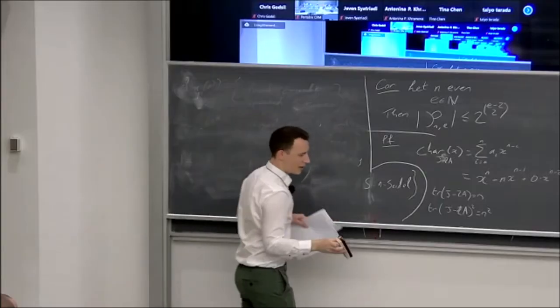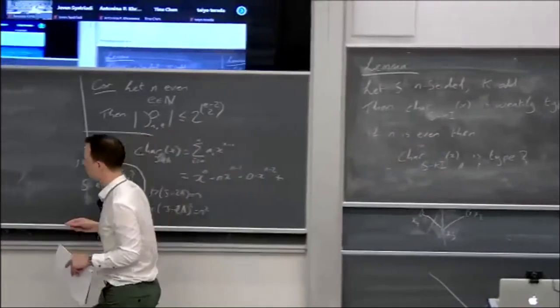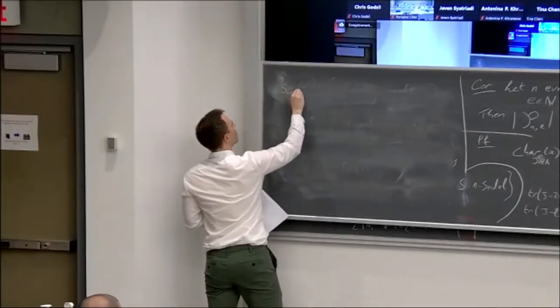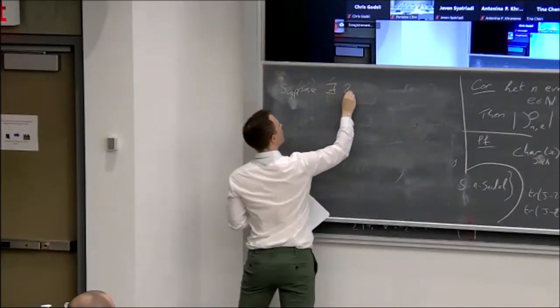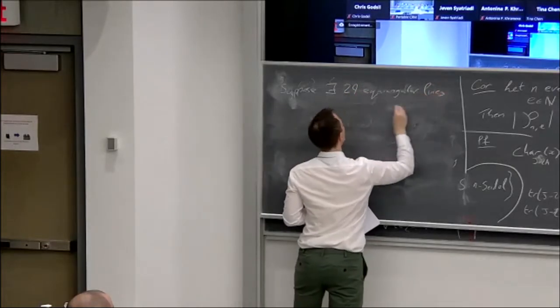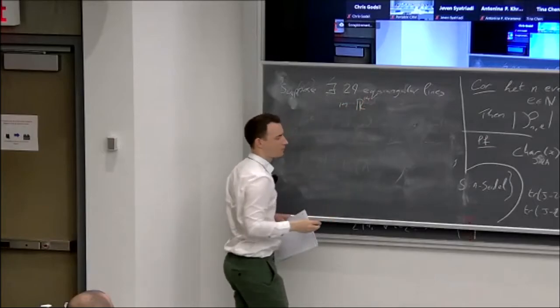Remember, the second part is about enumerating polynomials. So what we're trying to do here is suppose there exist, say, 29 equiangular lines in R14.